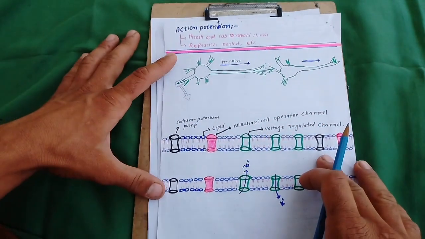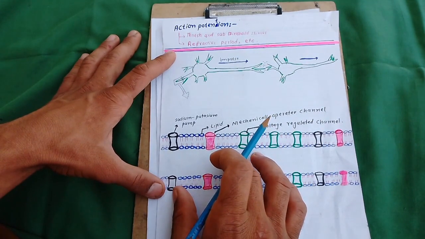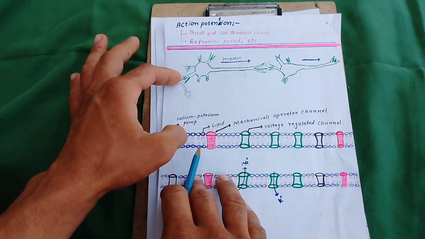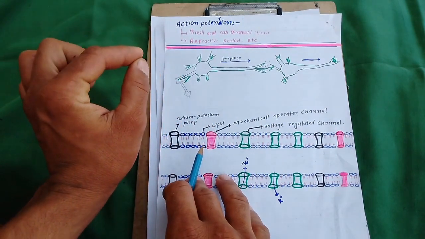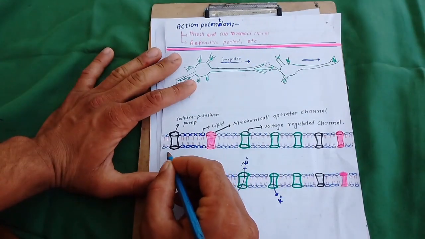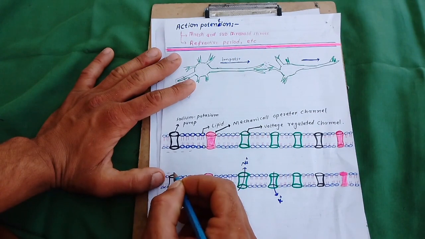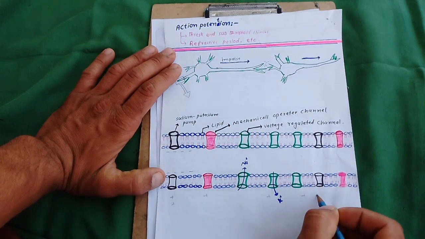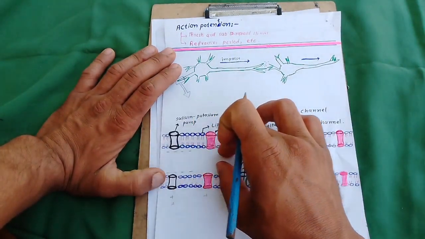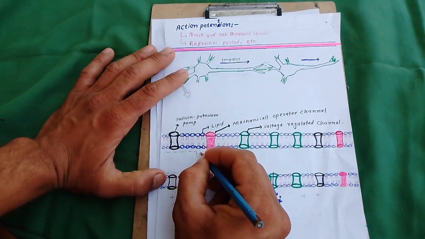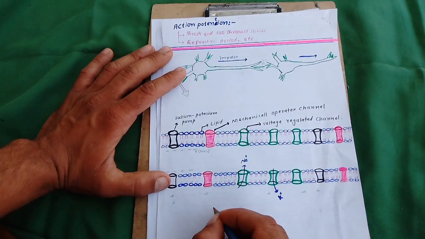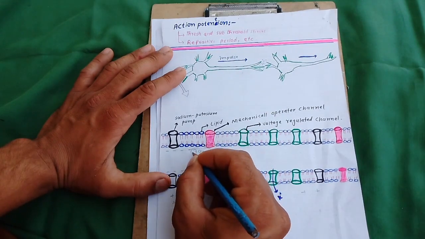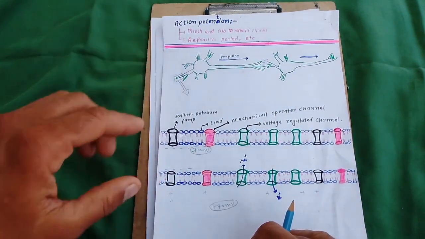Okay, as we know, in the resting state, resting means unstimulated state, when I do not touch this area, the inside of the neuron, the inside of the membrane, has negative charge, while the outside has positive charge: about minus 70 millivolt inside and about plus 70 millivolt outside.